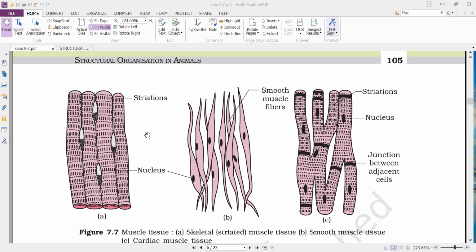For example, if you want to pull your hand up to a certain distance, you are able to pull it up to that distance only, not more than that. This is because of the skeletal muscle associated with that body part. As these muscles are under voluntary action, the skeletal muscle is also called voluntary muscle.